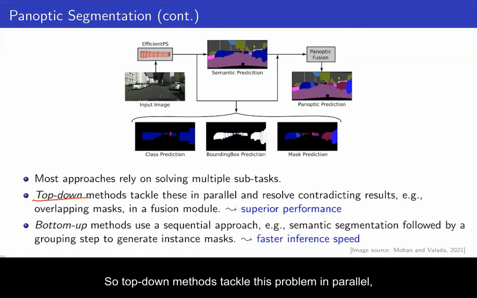One is top-down methods and the other is bottom-up methods. So top-down methods tackle this problem in parallel, which means that we have a semantic stream and an instance segmentation stream. And the problem with this is that we have overlapping masks that are produced from the semantic head and the instance head, and then we need to resolve this with a specialized fusion module.